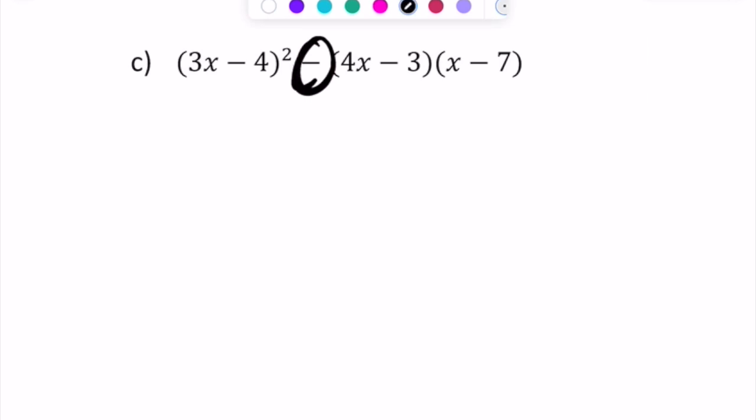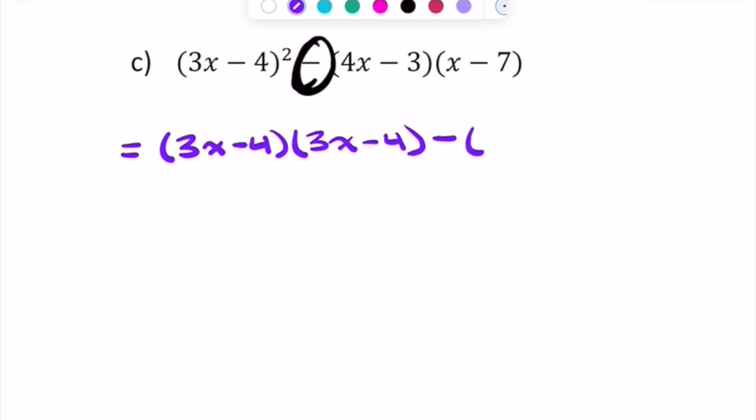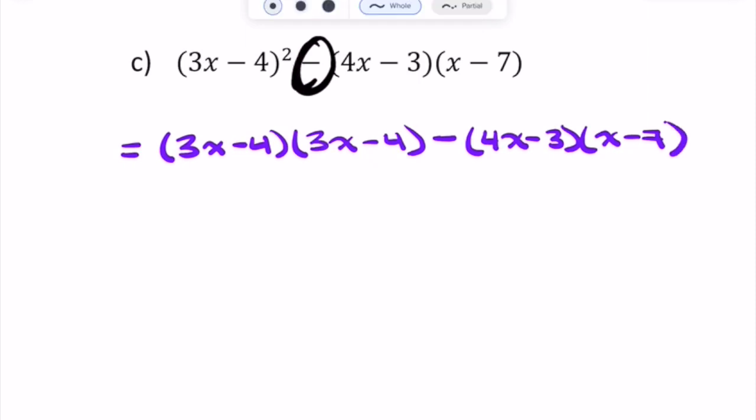So, BEDMAS tells me I have to deal with the exponents first. I cannot distribute that exponent to my bracket because there's subtraction in there, so I will have to write it out as repeated multiplication. Everything else I'm going to keep the same. So that's going to be my first step in BEDMAS. My second step in my BEDMAS is to do all of my distributions. Now, some of those distributions we already talked about, so I know that the 3x is going to be distributed to everything in the second bracket.